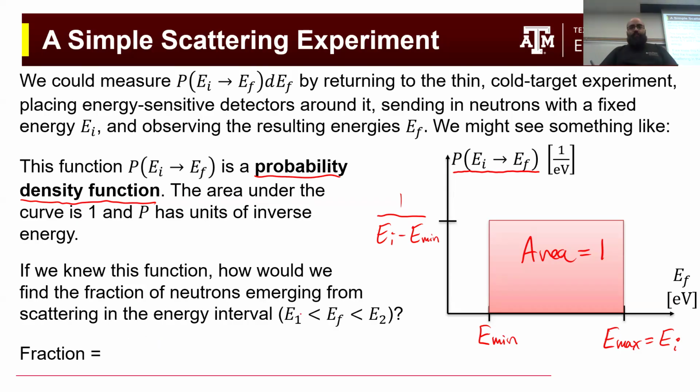The fraction of neutrons that scatter and come out with energies in this range is the integral from E1 to E2 of the probability density function, P from EI to EF, integrated with respect to the final energy. This is how I turn the probability density function into a fraction: I take the probability density and integrate it over some range.